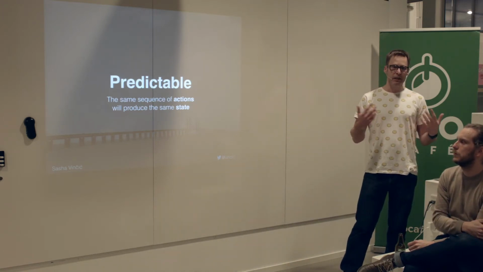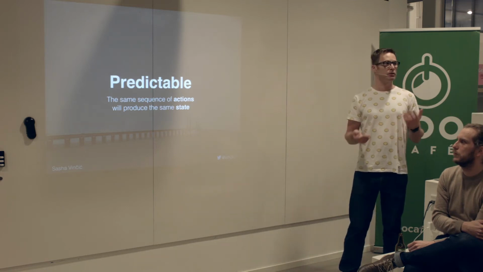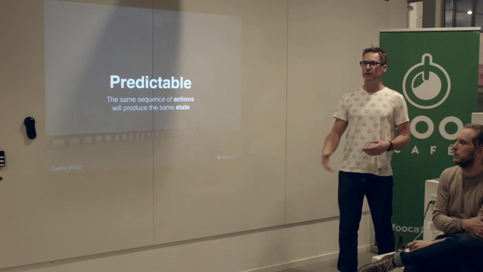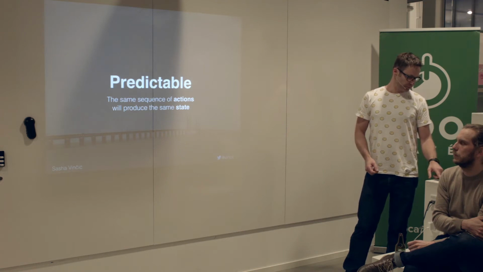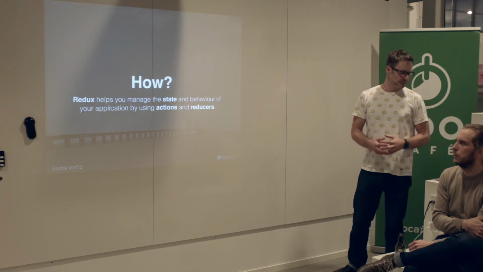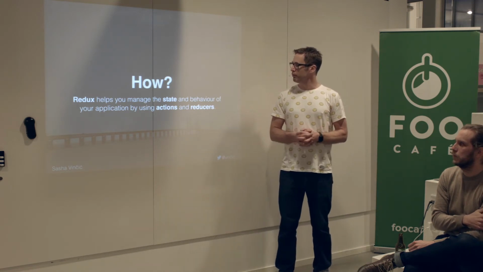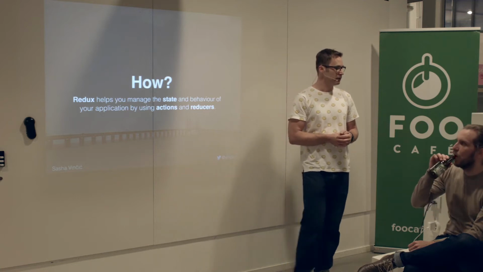And that's a really important thing when you have front-end applications where you want to test, you want the predictability to know what should happen if I do this. So how does Redux handle this state?